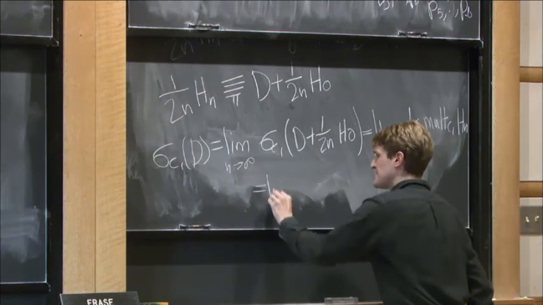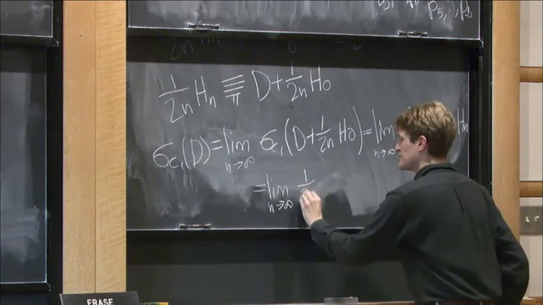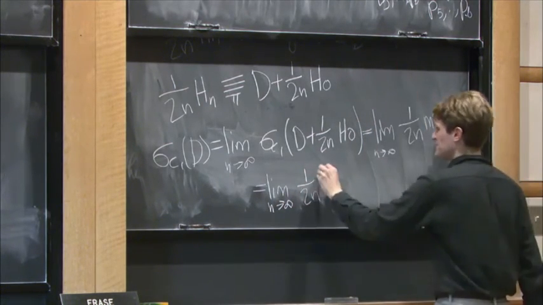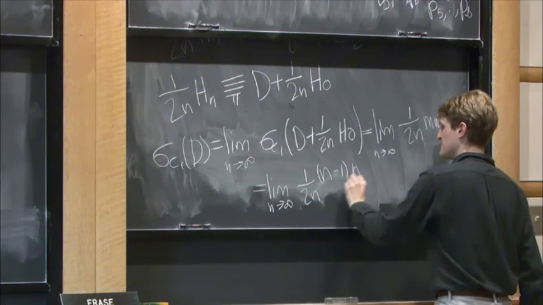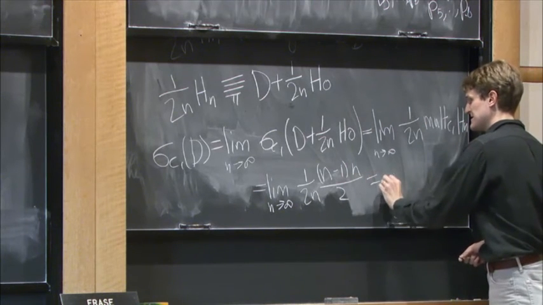So this is the limit as n goes to infinity of 1 over 2n times n minus 1 times n over 2. And this is quadratic, this is linear, and this limit doesn't exist, it's infinite.